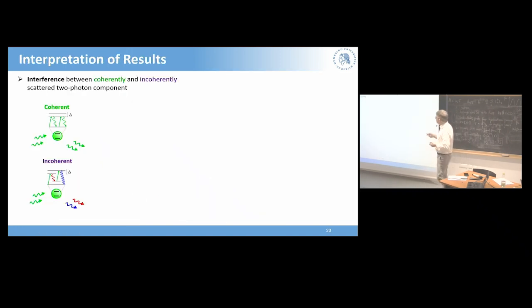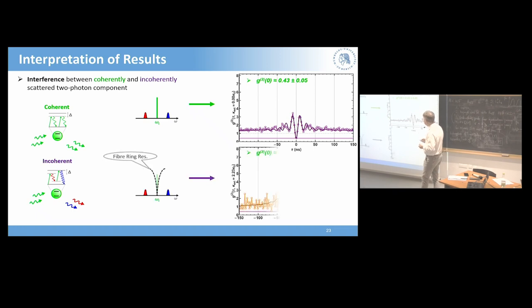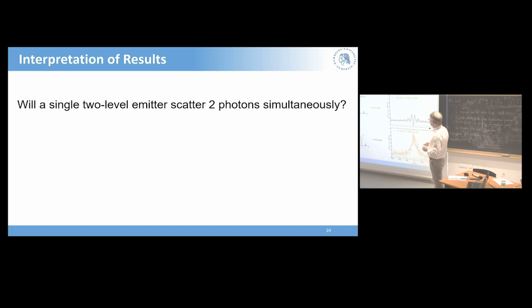Here I showed you that in the two-photon scattering, we have interference between coherently and incoherently scattered two-photon components. If we have this resonance fluorescence unfiltered, their interference gives rise to anti-bunching. If we filter the coherent scattering away using our fiber ring resonator, we have strong bunching.